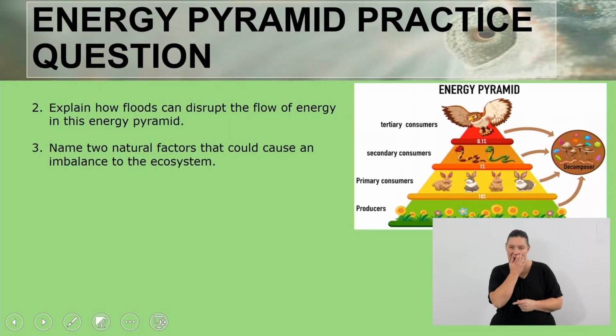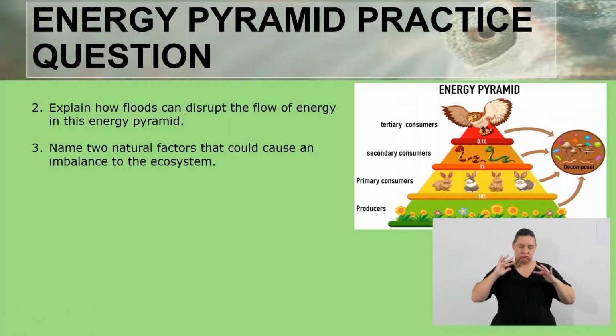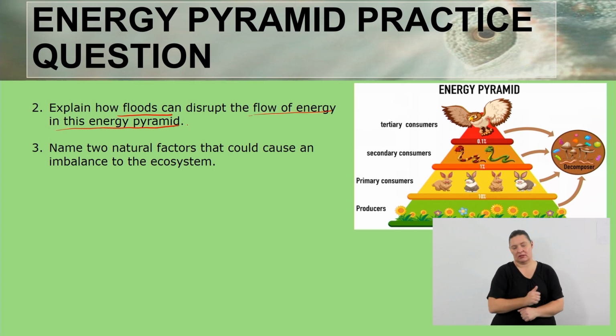Now, moving on to the second question, it says here, explain how floods can disrupt the flow of energy in this pyramid. So what we need to understand about floods is that when it floods, our producers are negatively affected. How so? Because they will be submerged in water and die.